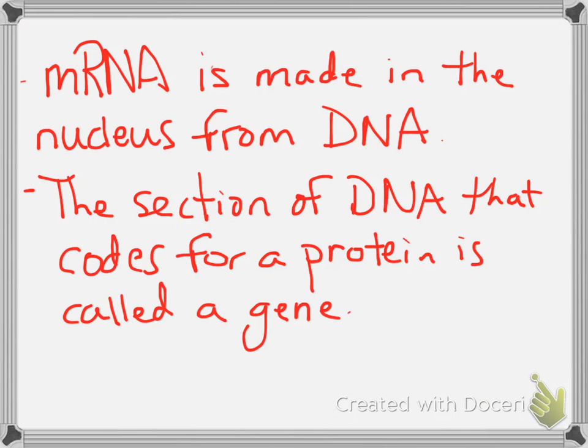mRNA is made in the nucleus from DNA, and the section of DNA that codes for a protein is called a gene. So a gene is just a section of DNA.